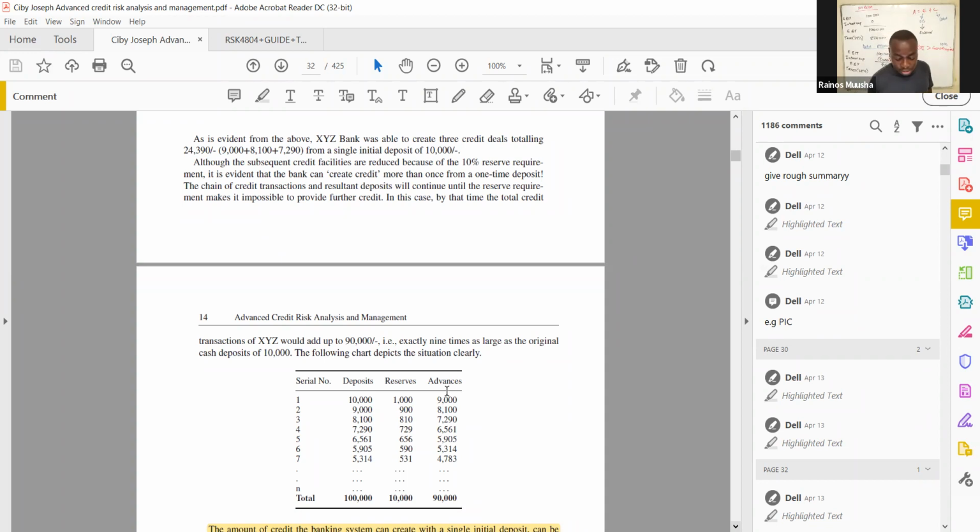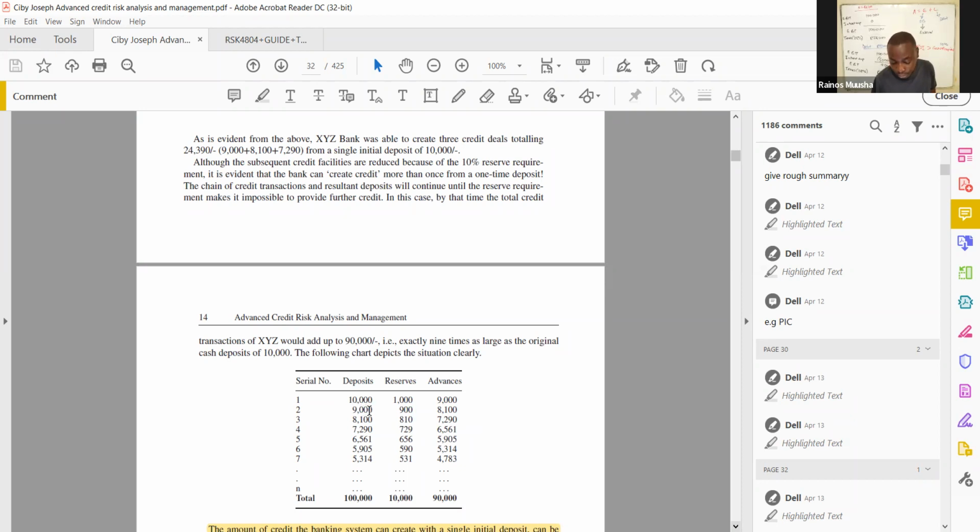Now, these other customers are going to spend that money somewhere else. Whoever they spend that money on makes money, and that same 9,000 comes back to the bank again, because that person now deposits 9,000 into the bank.